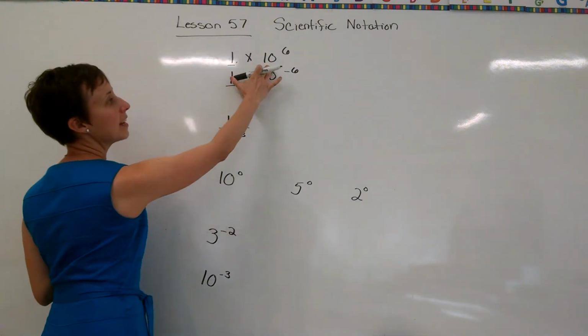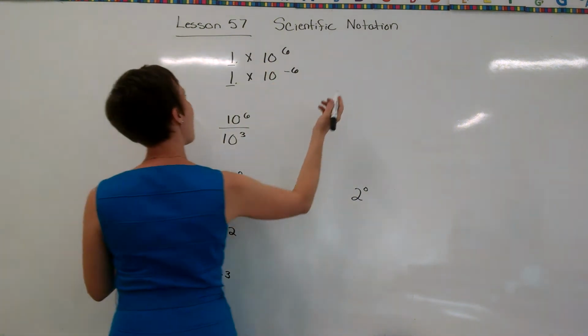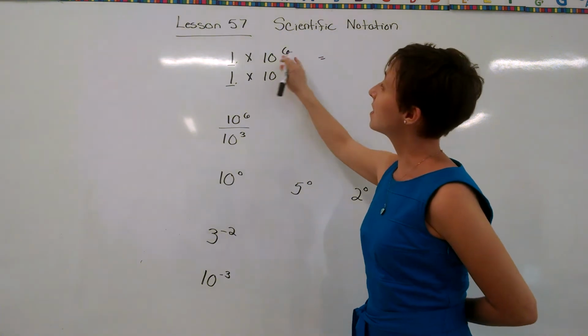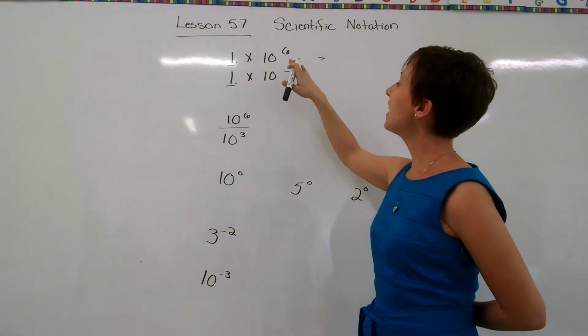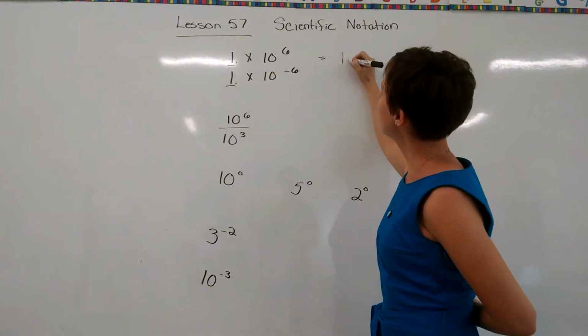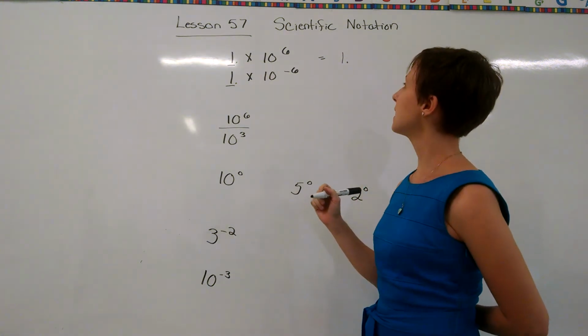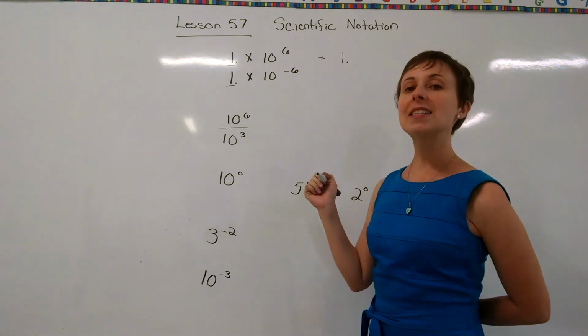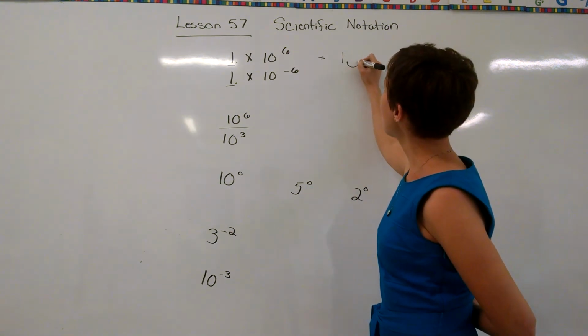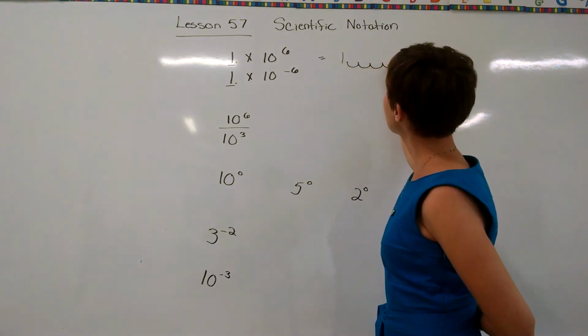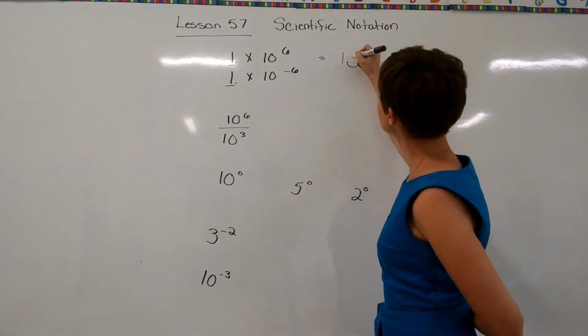If I have 1 times 10 to the 6th, this is the scientific notation. In standard notation, that would be 1, and then I would be moving the decimal place 6 places. In essence, I'm adding on 6 zeros. 1, 2, 3, 4, 5, 6.